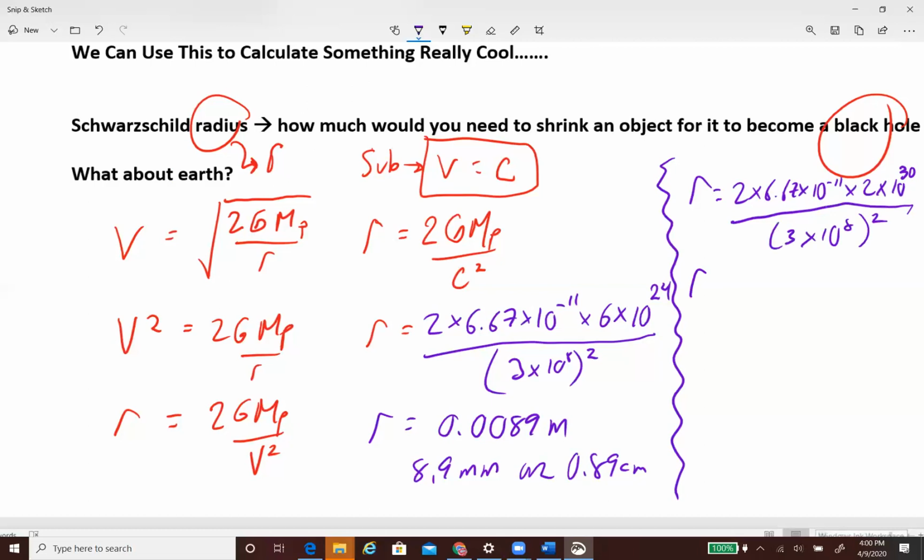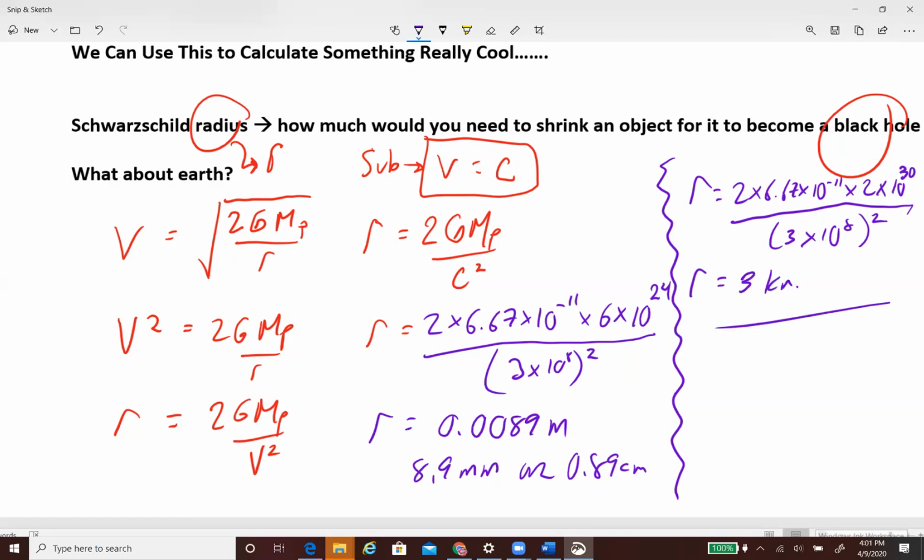If we do that, we get an answer very, very close to 3 kilometers, or 3,000 meters.